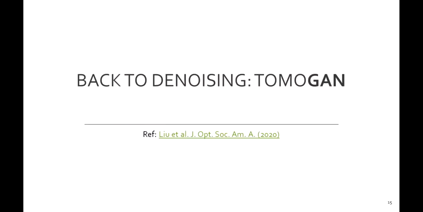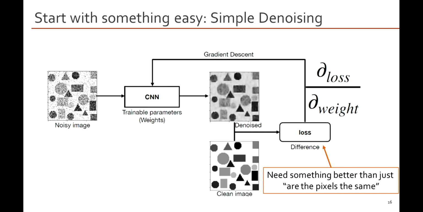So that aside, we'll go back to talking about TomoGAN, and now you should hopefully know what the GAN in that acronym stands for. Just to recap, we were talking about learning a generative function that takes noisy data and generates a denoised version, and we needed something better than just taking pixel-by-pixel differences.